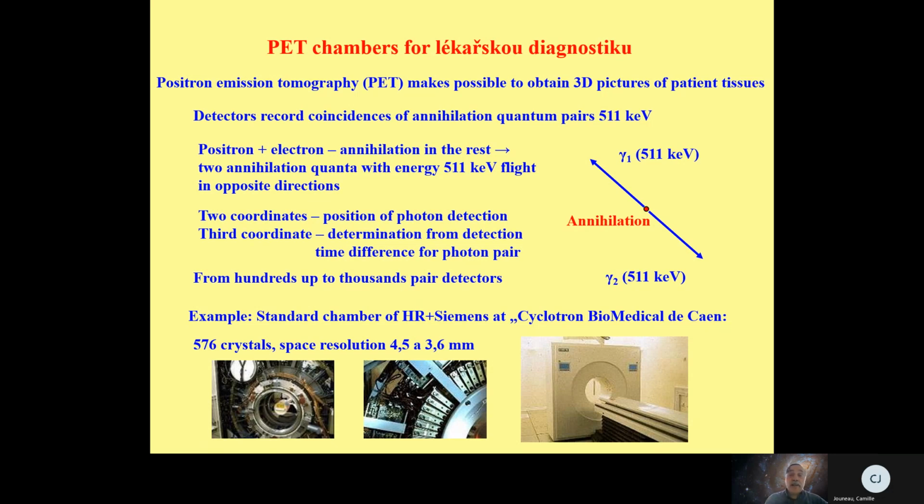Cancer cells, for example, have a high necessity of energy. That means a big part of this glucose goes to these cancer cells, and if you want to identify a tumor, it's possible to use this positron emission tomography.